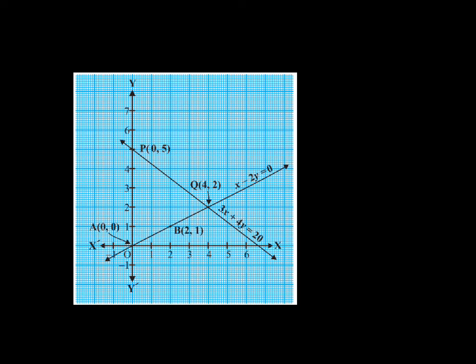When we plot the points for each equation, this is the graph of our first equation and this is the graph of our second equation. Both these lines intersect at one point, the coordinates of which are (4, 2). So since they are intersecting at one point, we say that the solution of this pair of equations is (4, 2).